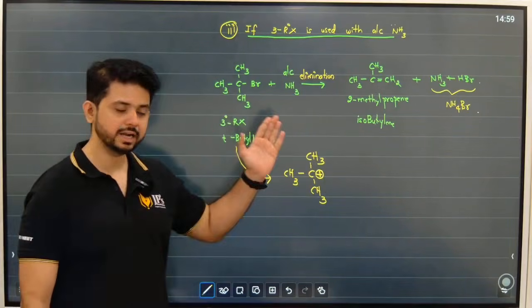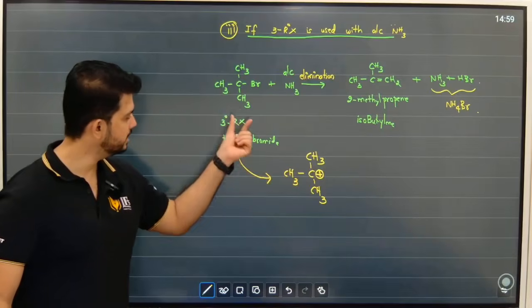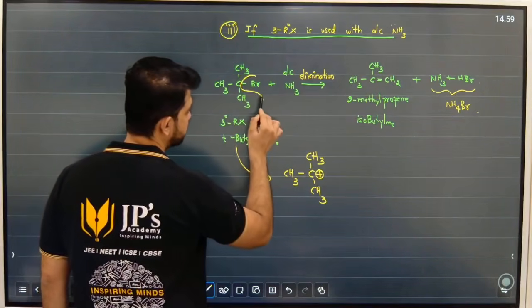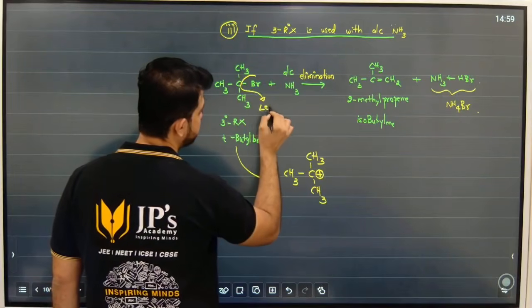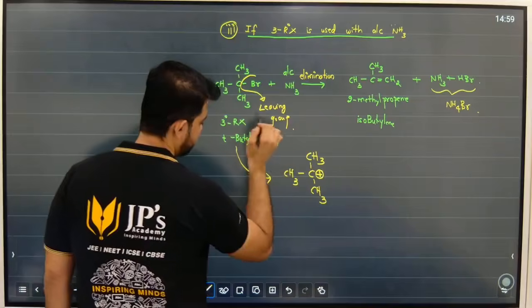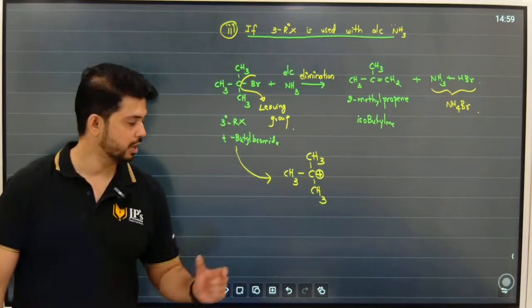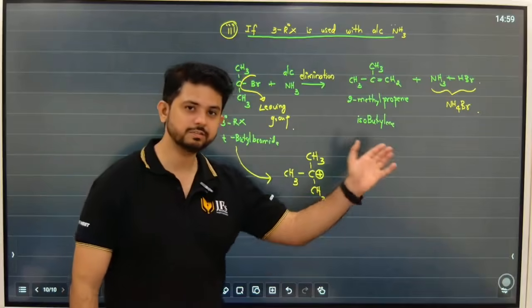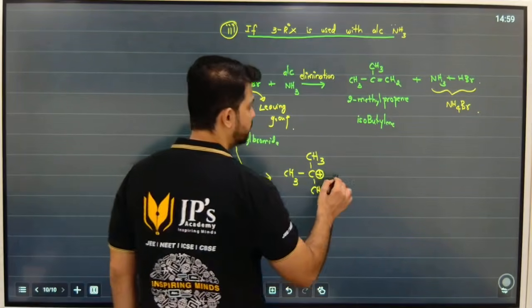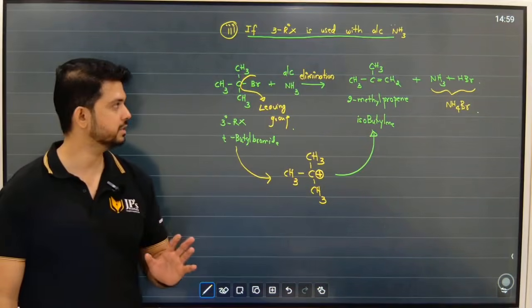We're not going into the entire elimination mechanism, but एक छोटा सा step बता दिया है that the alkyl halide, ठीक है, leaving group हम बोल सकते हैं, this is the leaving group, and we get step 1 में अगर elimination method में याद है तो formation of carbocation, and then eventually the base will extract a proton, and from over there you get your isobutylene. So you have to remember this condition.